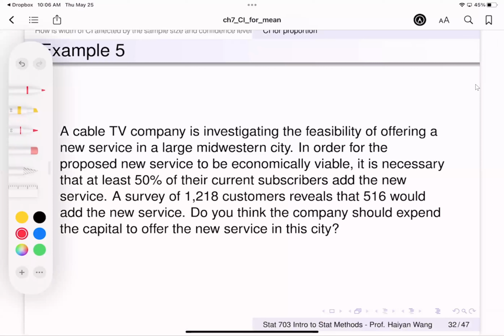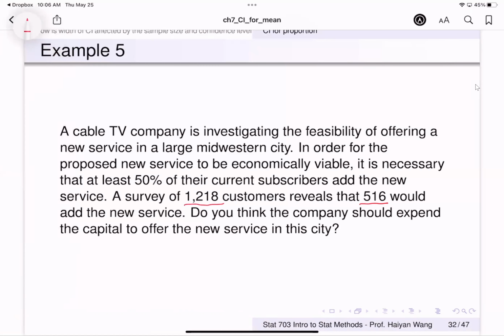When we look at this number, 516 out of 1,218, by directly comparing the numbers, this is less than half of the customers. But as we know, these sample proportions are just averages from the collected sample. It's likely that they change from one sample to another.